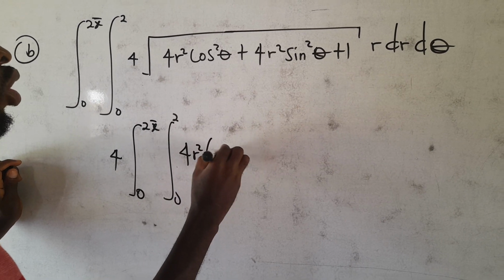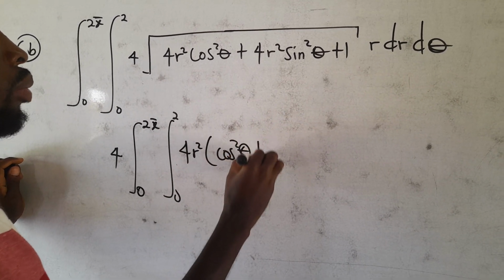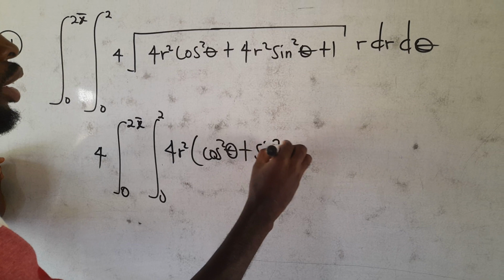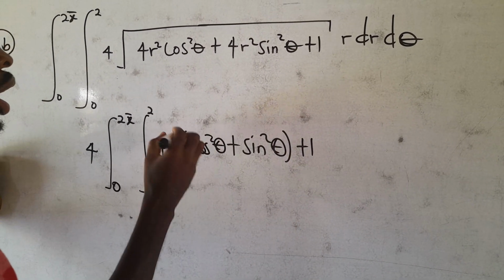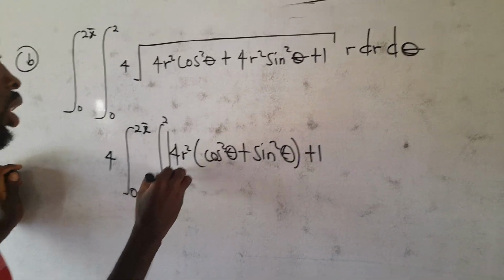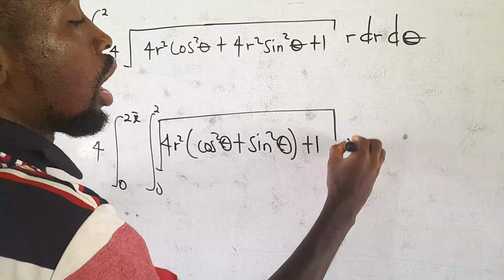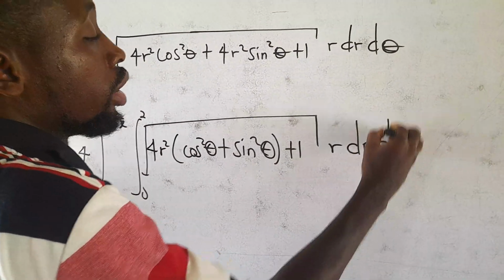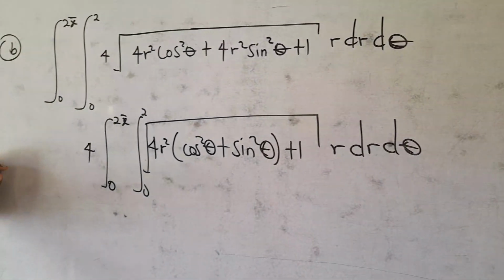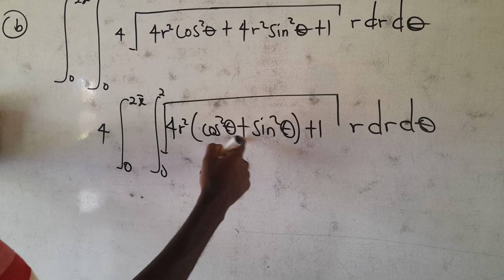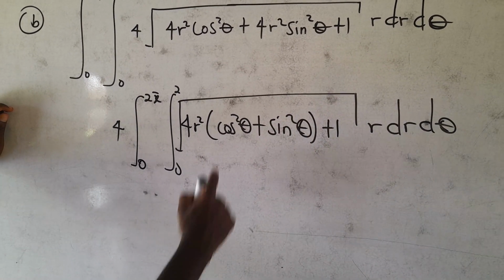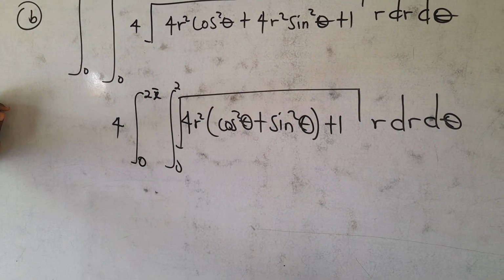Then I'll have cos square theta plus sine square theta, then plus 1. That's the square root of that, r dr d theta. So what do we have? Remember, cos square theta plus sine square theta is nothing but 1. So the whole of this is 1 times 4r square, which is 4r square.